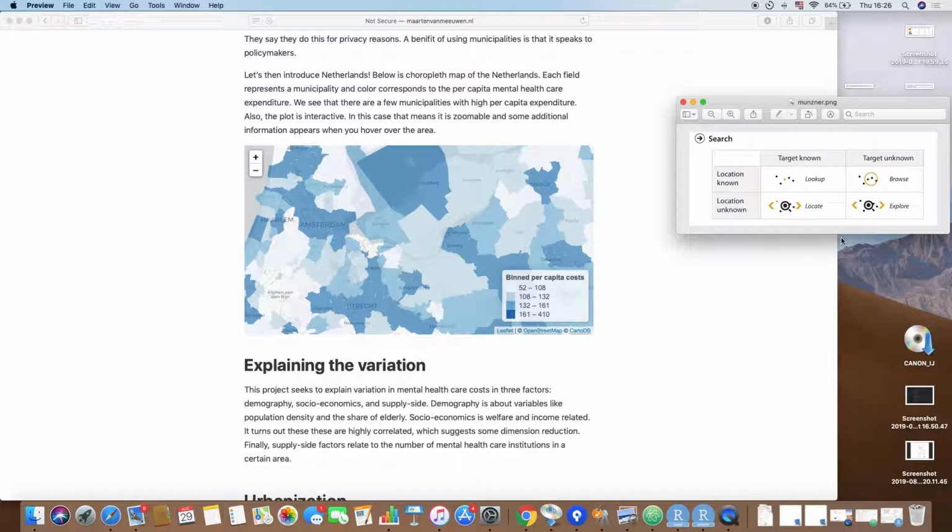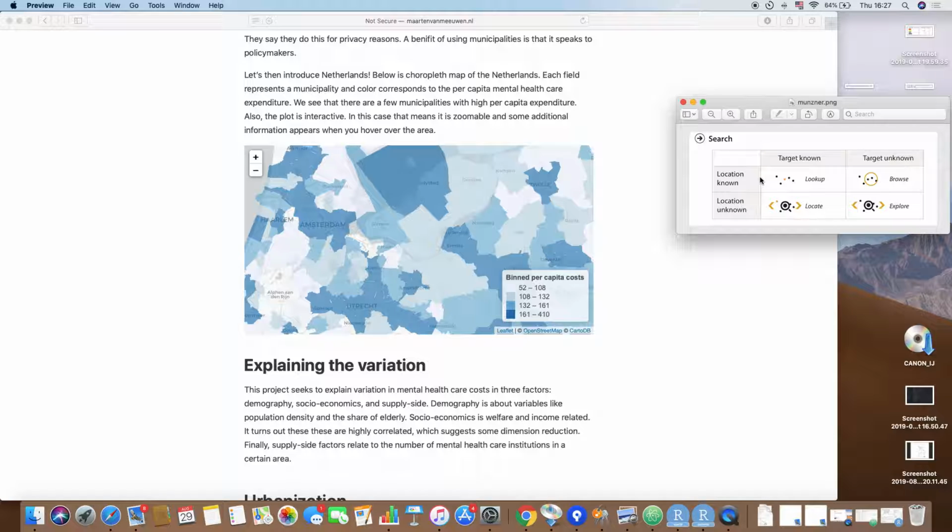I pull up this rubric from Tamar Munzner. I found this very useful in determining the right amount of interactivity. So in this particular graph, I'm assuming that the audience tends to be Dutch, even though it's written in English. The people who care about this are Dutch, so they'll know about the location, to be able to place big cities and municipalities.